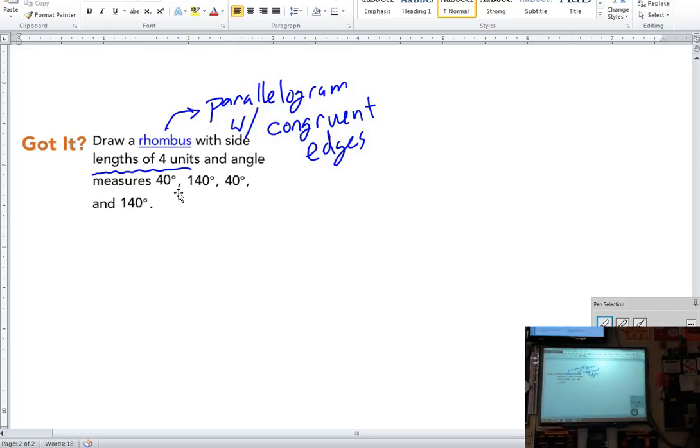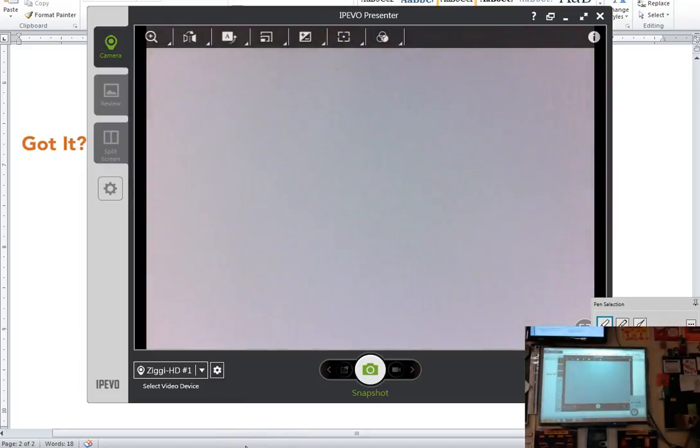Start with an edge. How long's our edge? 4 units. I advise using centimeters. So start with 4 units.